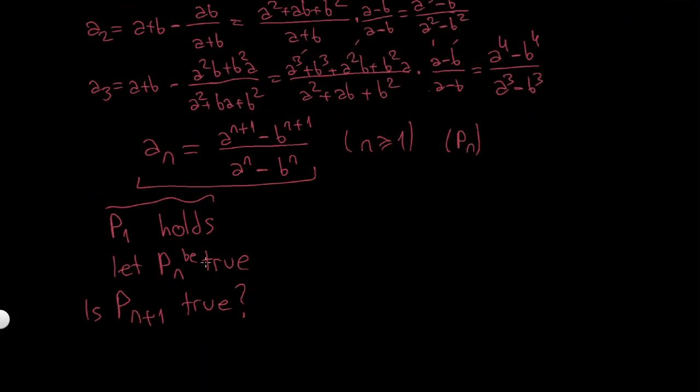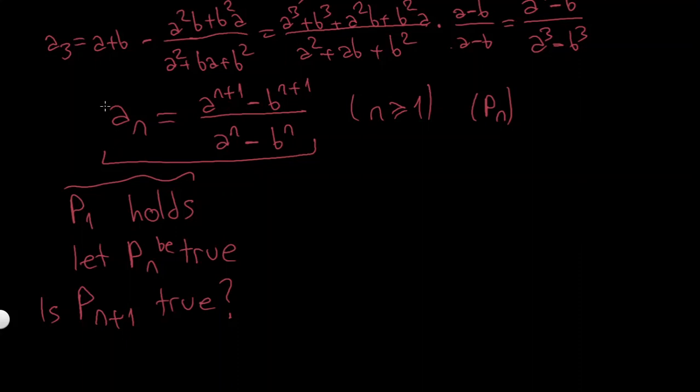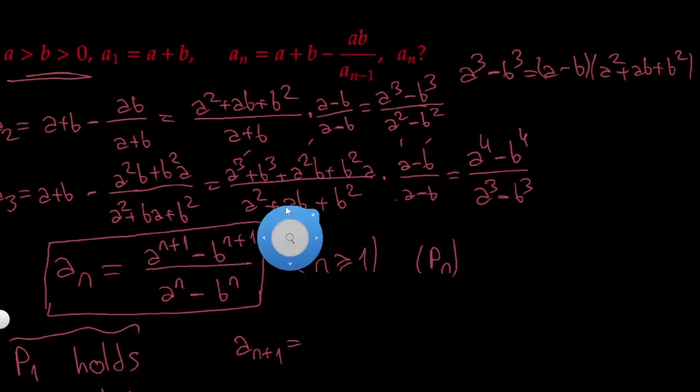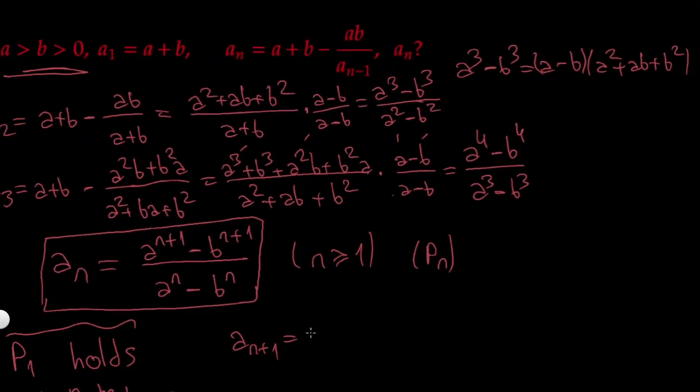So here, what do I mean by Pn be true is that this thing is literally true. We know that an is equal to this thing. So we say now, okay, I'm accepting this. But I should also show it for the next term. So let's write an plus 1. So by our recurrence relation, this thing is just gonna be a plus b minus ab over.